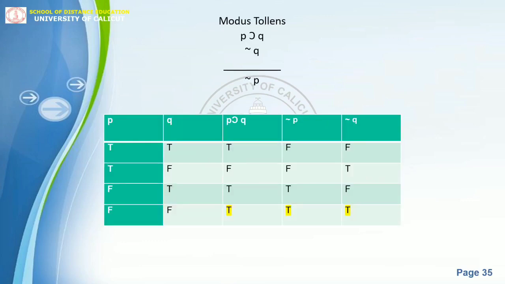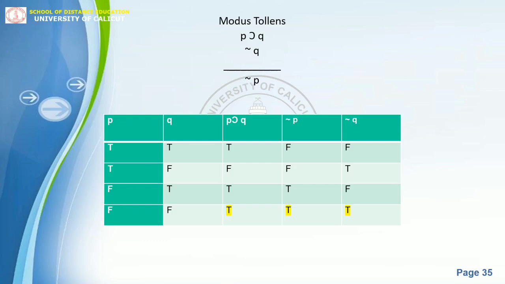Now coming to another argument form, that is modus tollens, which is written as P implies Q, negation Q, therefore negation P. This is an argument form, and we can check its validity using the truth table. Again, which are the premises? P implies Q is the first premise and negation Q is the second premise.